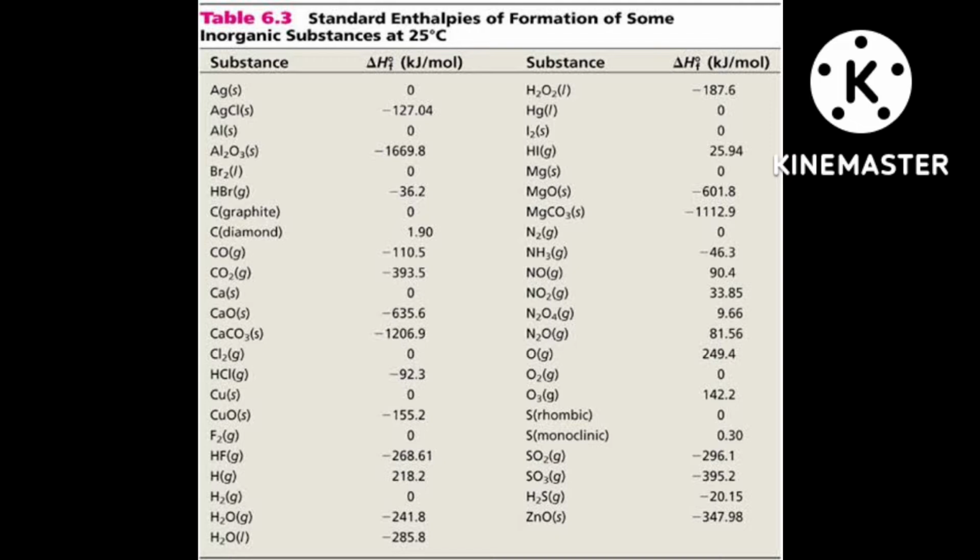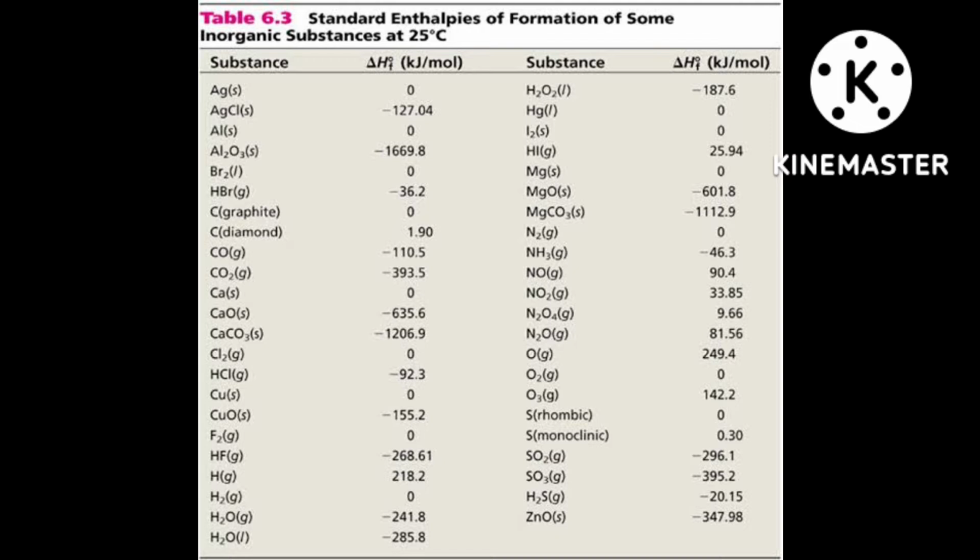Why is it like this? Because if more heat is coming out, the heat of formation is more, it means that substance will be strong. During the formation of 1 mole of the substance, whatever heat is evolved outside, the substance will be stronger accordingly.